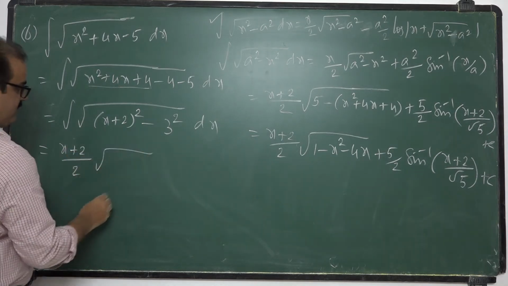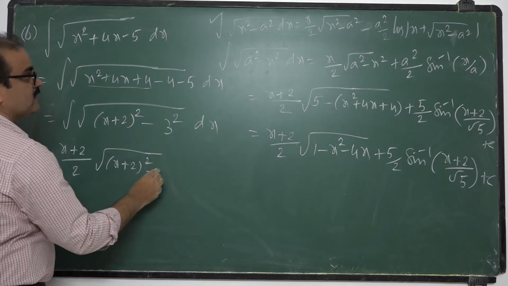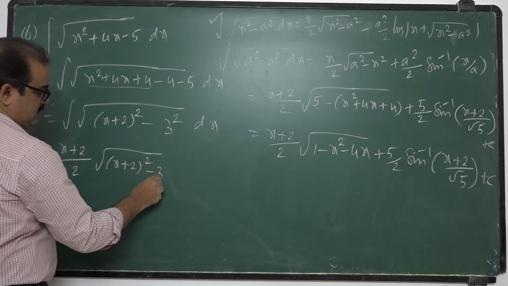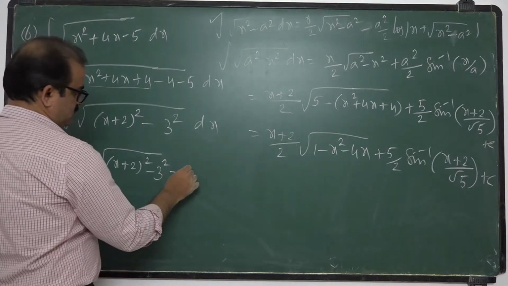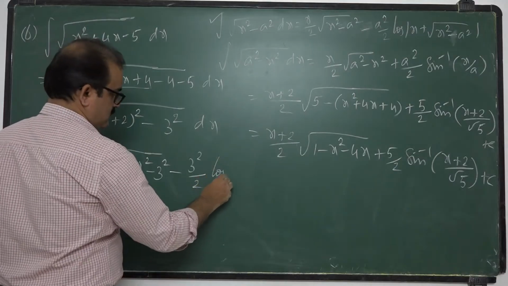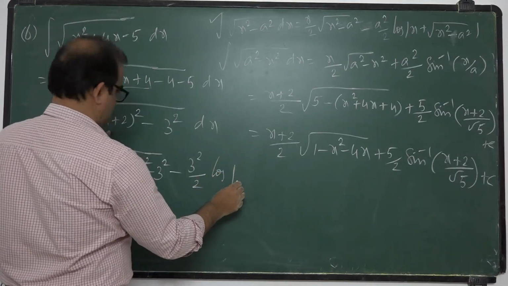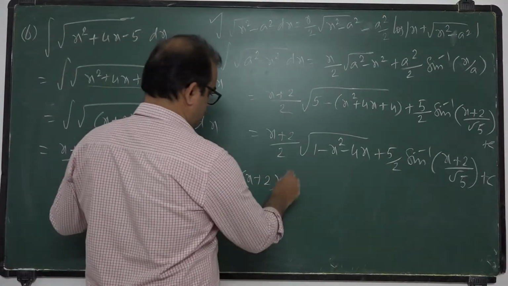x plus 2 by 2 into root of x plus 2 whole square minus a square, 3 square minus a square, by 2 log mod x plus 2.